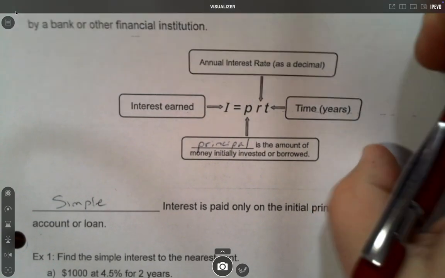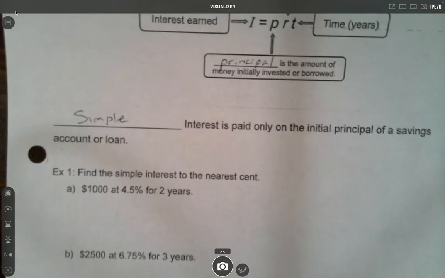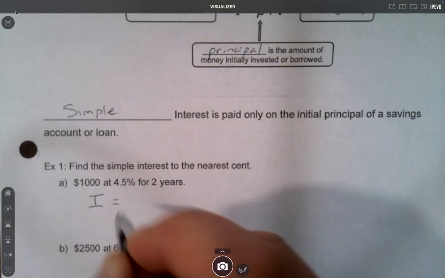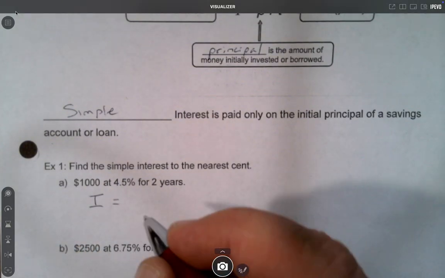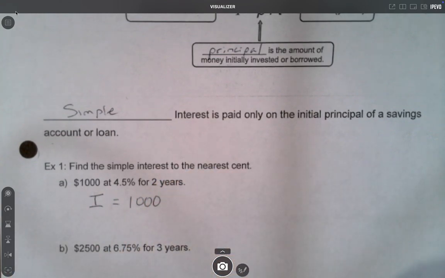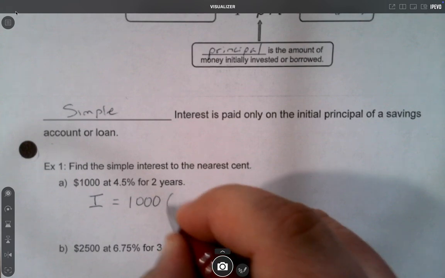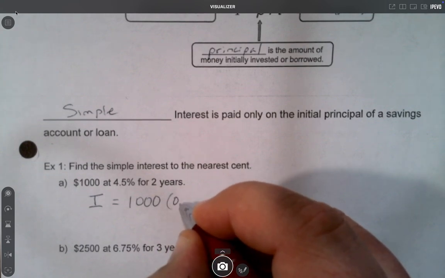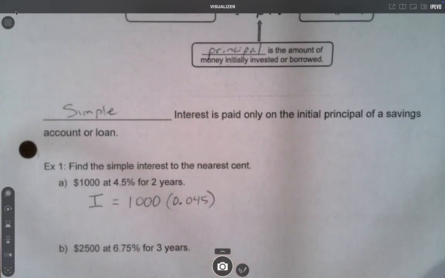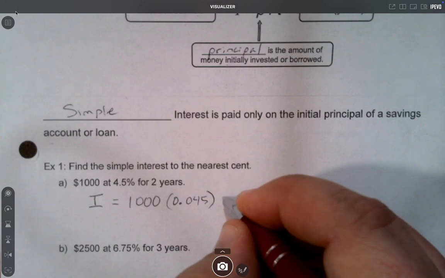So let's find the simple interest to the nearest cent. So we're looking for I, so I'll write I. Then I do P, which is the principal, $1,000. The interest rate is 4.5%, so I have to change that to a decimal, which would be 0.045, and it's going to be earned for 2 years.